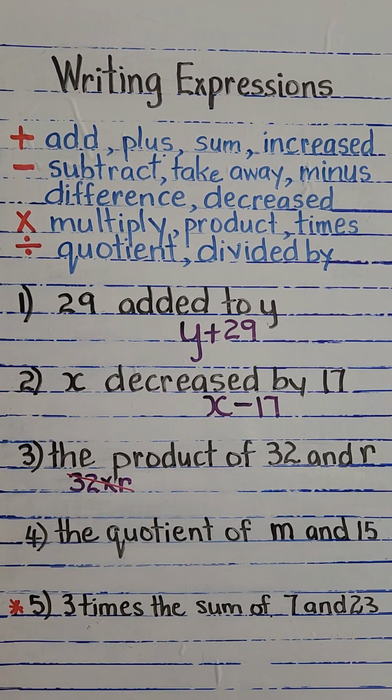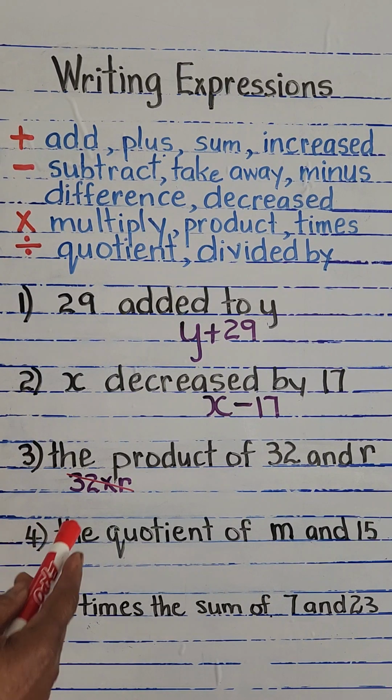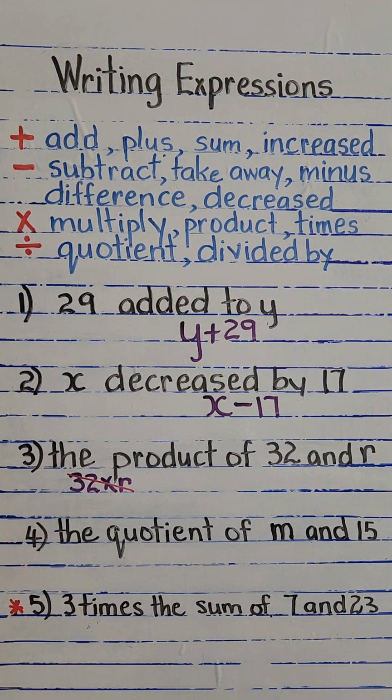So we're going to strike that out. If it was two quantities, then it would be fine. For example, the product of 32 and 5, it would be 32 times 5. But because we have a product and a variable, we're going to rule out writing it like that.